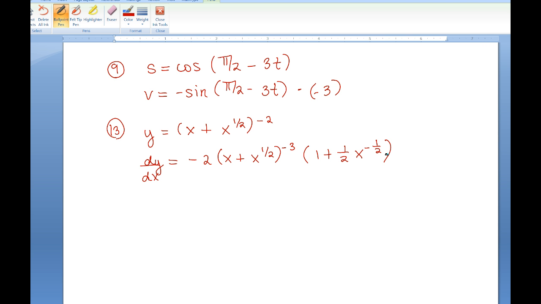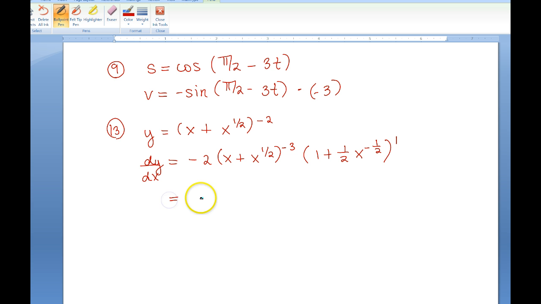One thing I would like you to get in the habit of doing, if you can, is change negative exponents to positive. That's what I would like in terms of simplified form. So that's the answer. Now we have to simplify it. This whole thing in parentheses is really a positive 1 power.